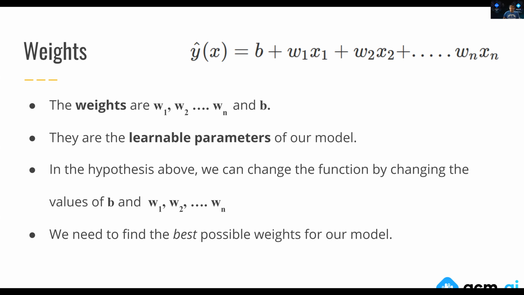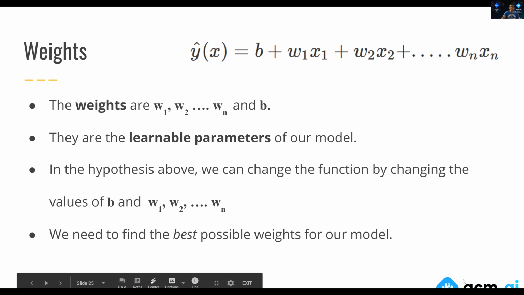The features that really influence the price of the house will have a very positive weight. And the features that reduce the price of the house the most, the weights corresponding to those features are going to be more negative, so to speak.